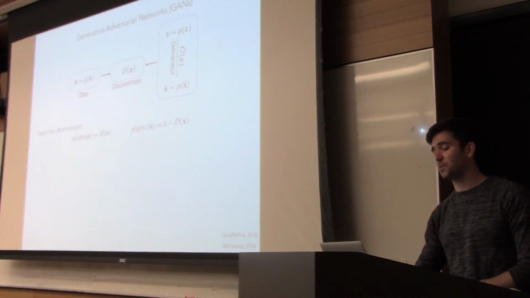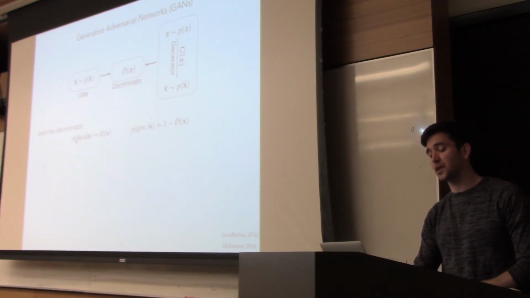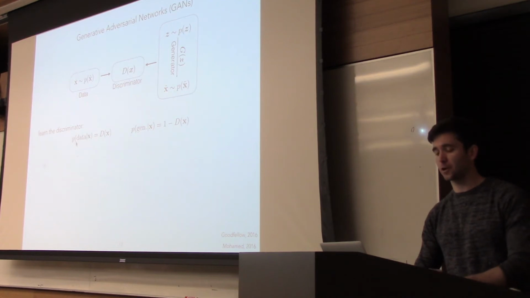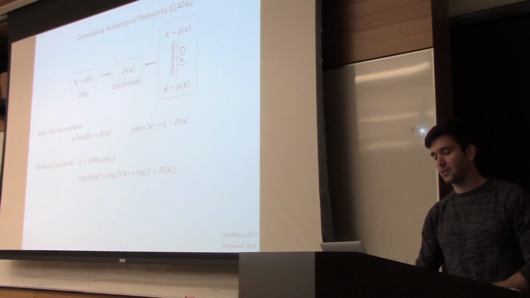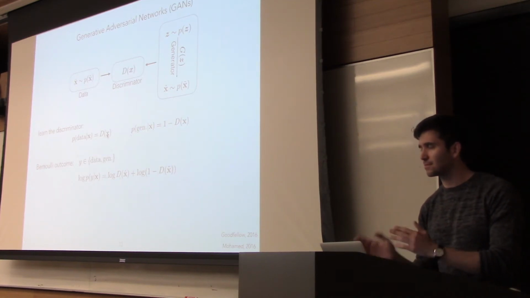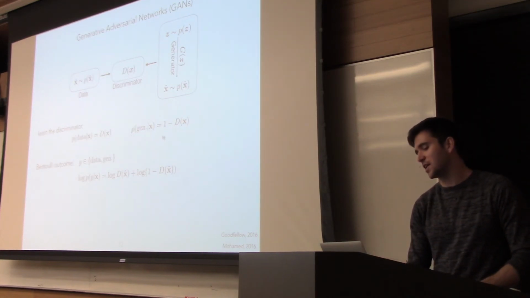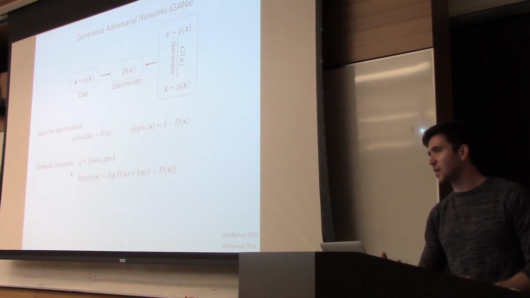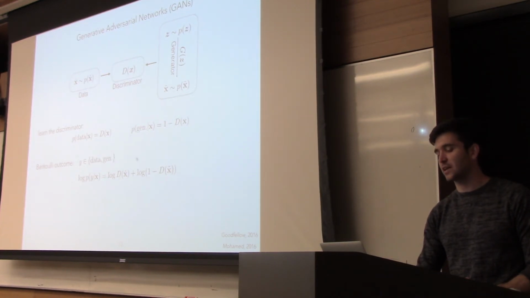So we want to be able to discriminate with this discriminator the probability that this was from the data or the probability that this was generated by our model. Because it's a binary class estimation, it's just D of x and 1 minus D of x for these probabilities. And you can think of this as a Bernoulli outcome, where now you're modeling the log probability as just the log of D of x hat plus the log of 1 minus D of x tilde.